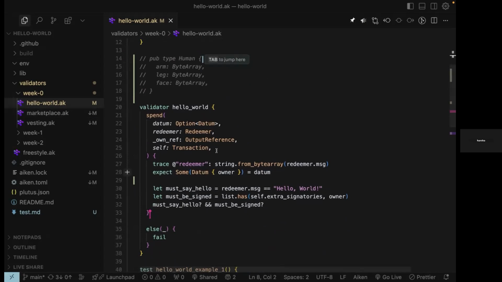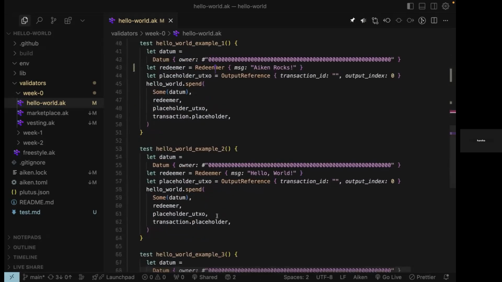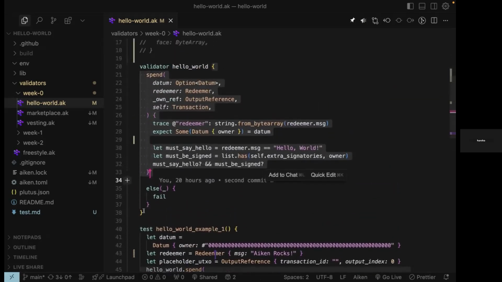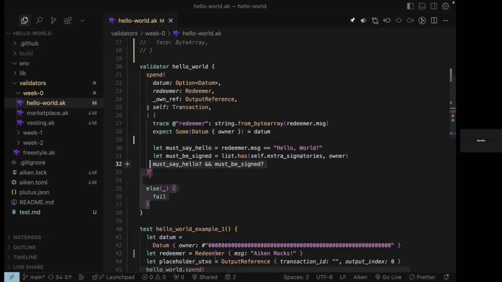So in line 20, this is literally saying, hey, I am creating a validator which is called hello world, and this is the logic of that validator. All of this below until the else fail is the logic of that validator.